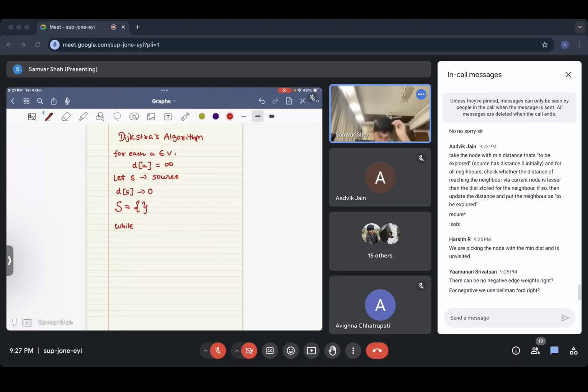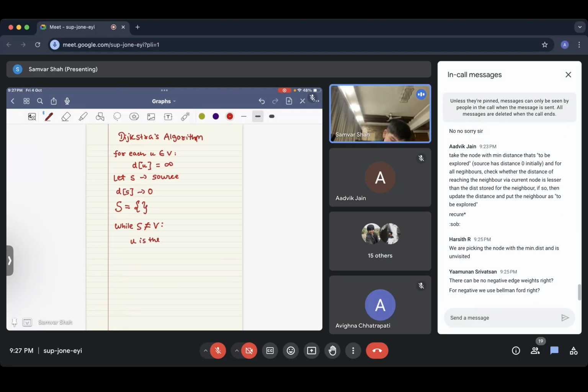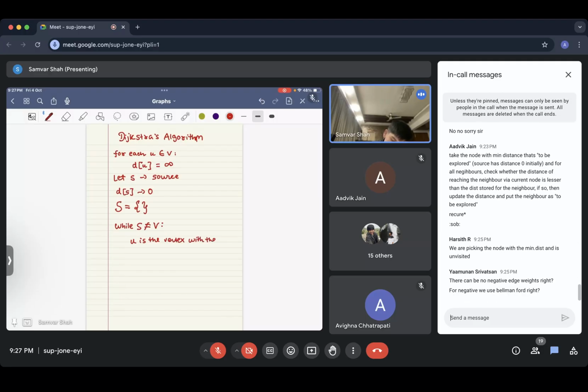And while S is not equal to V, what we will do is, what Advik said: U is the vertex with the smallest distance value.